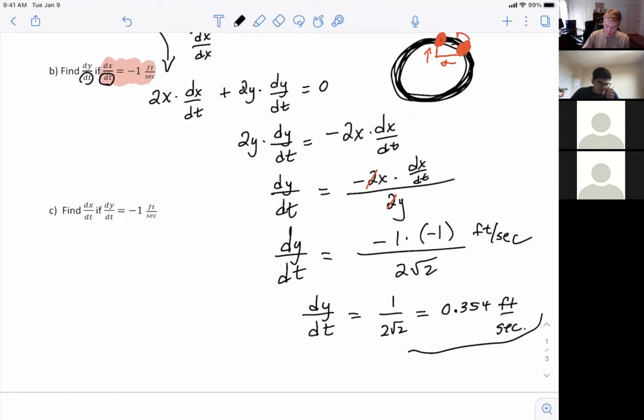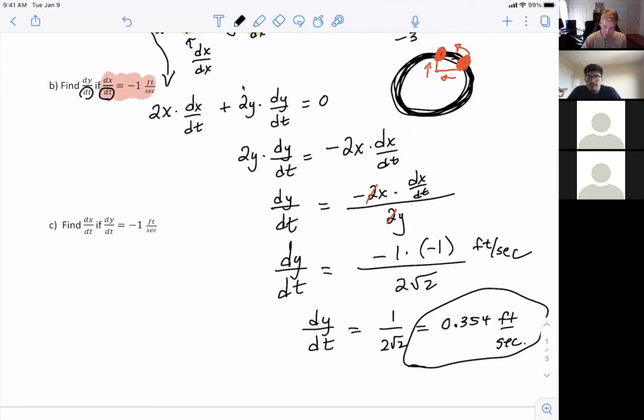And this one right here is positive because it's going up as it goes from the first red dot to the second red dot. So that's how fast it's going up. And then this part means it was going to the left by 1 foot per second. Any questions on that, or shall we do part C?